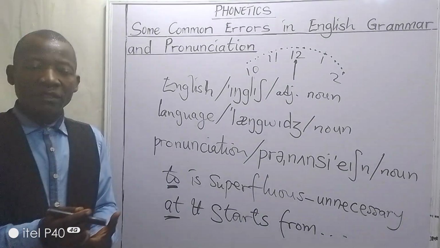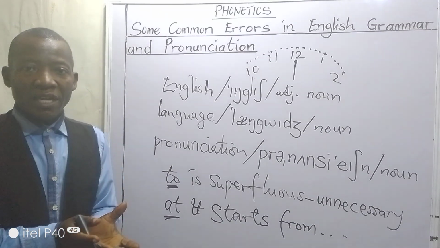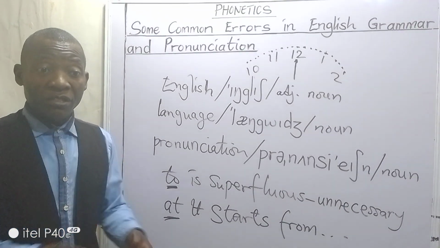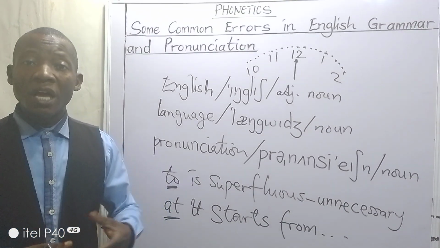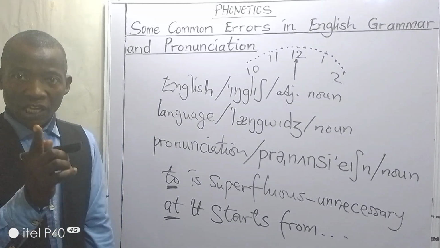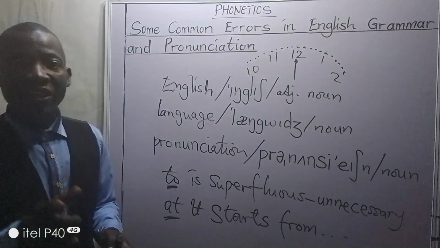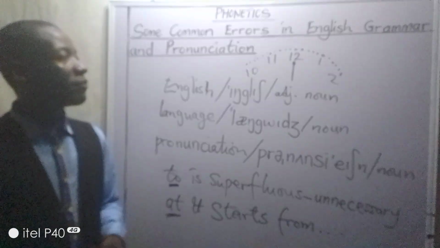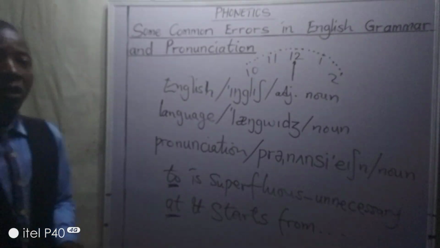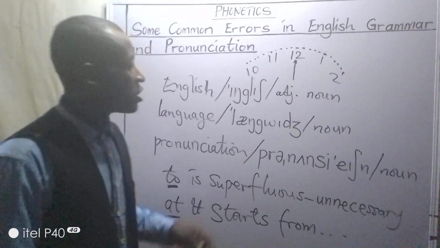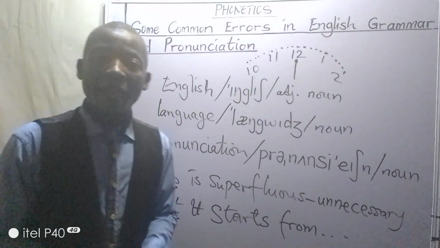Now, the two children shared the oranges among them. Wrong English. The two children shared the oranges between them, not among them.